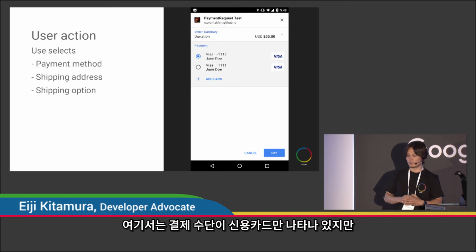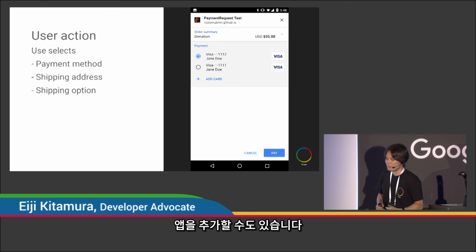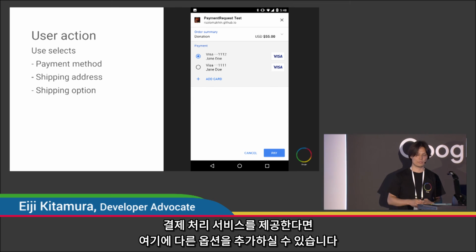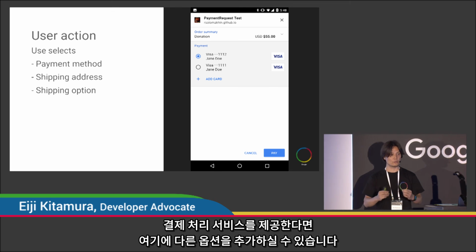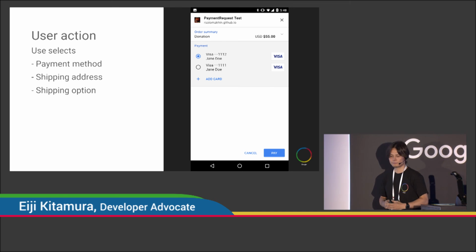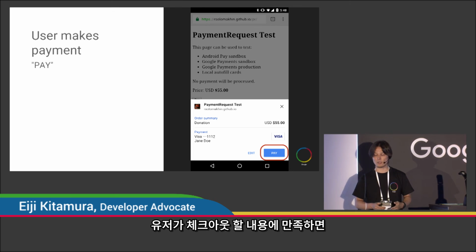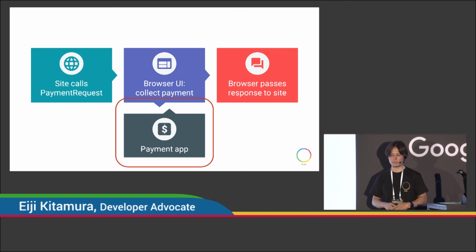The payment method here only shows a credit card, but you can also add apps to this selection. So if you are providing a payment processor service, you can make an addition to this, like Android Pay. And finally, when the user is satisfied with the content of the payment, they can press pay to make the payment.